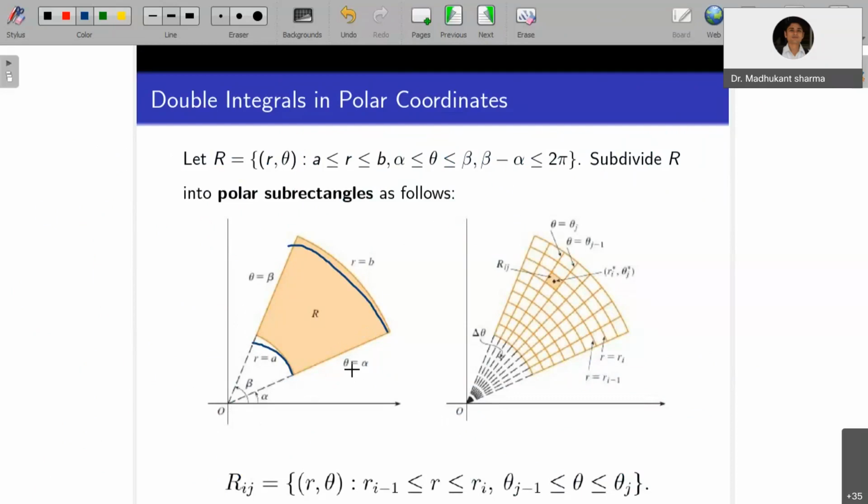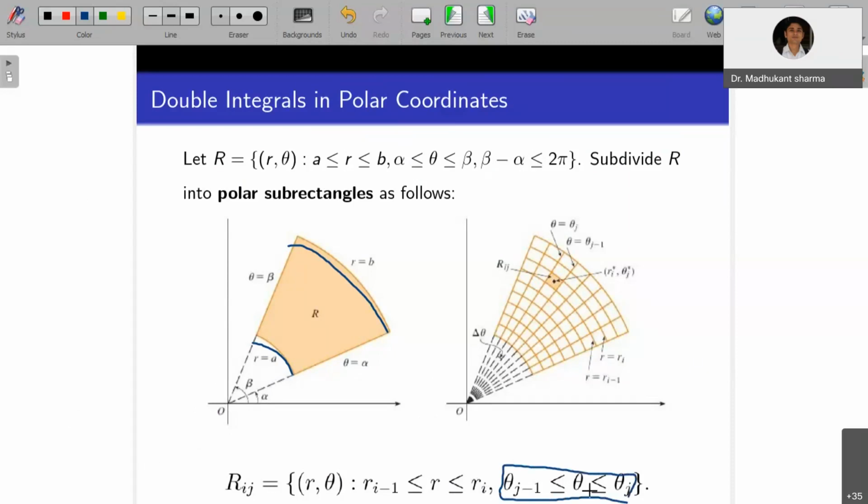Okay, so suppose a function is defined over the polar rectangle. Then you will proceed in the similar fashion as you have done in the Cartesian coordinates. You subdivide again by means of a partition of theta. So theta j minus 1 to theta j.